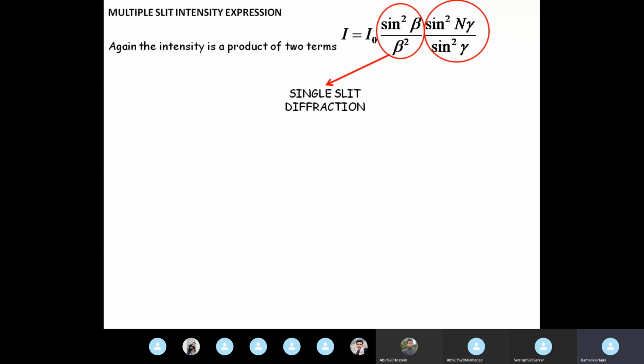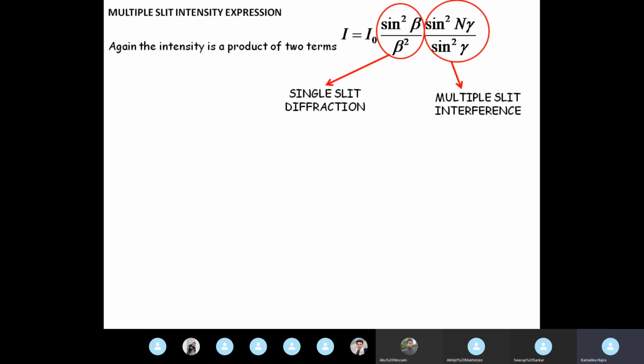Now when we did the double slit diffraction, we saw that the other term contributing to the intensity was the double slit interference. Here we have the multiple slit interference term.